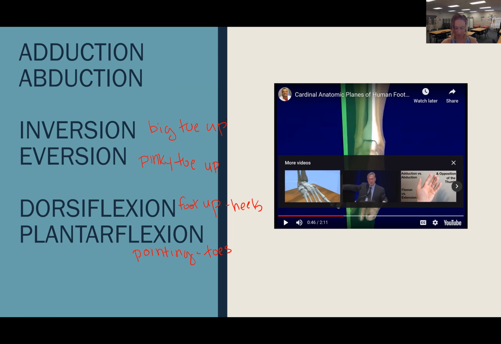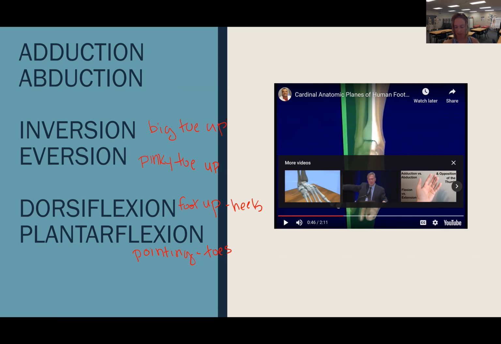And if you have your feet down on the ground and you try to roll your big toe up for inversion, big toe up, you have quite a bit of movement there, right? Now try to go the other way and pick up your pinky toe. You don't have much movement, right?